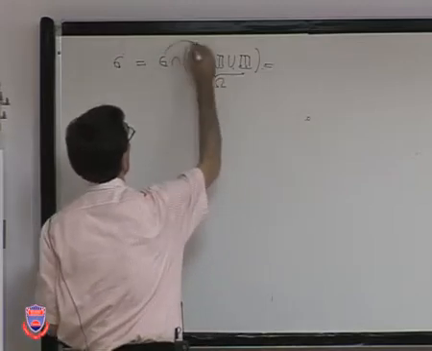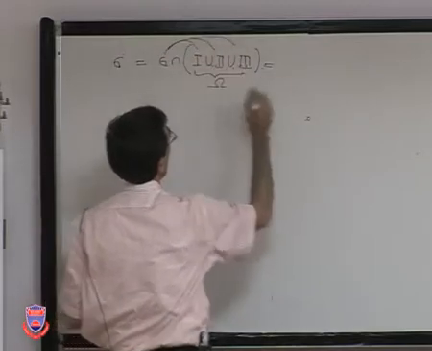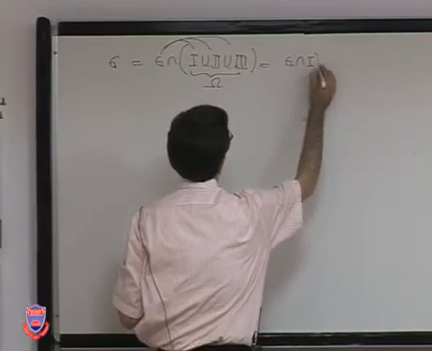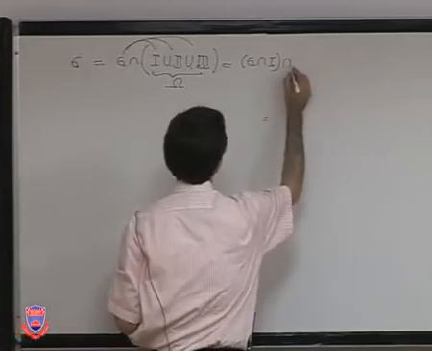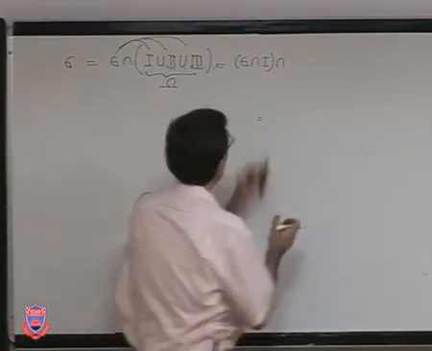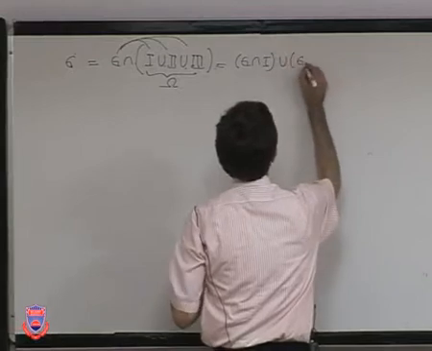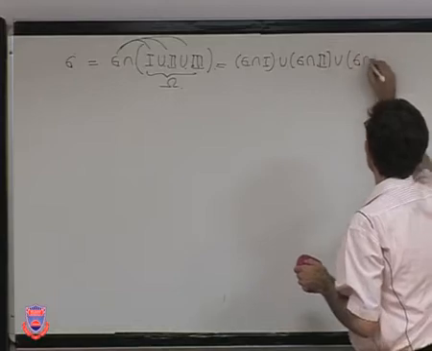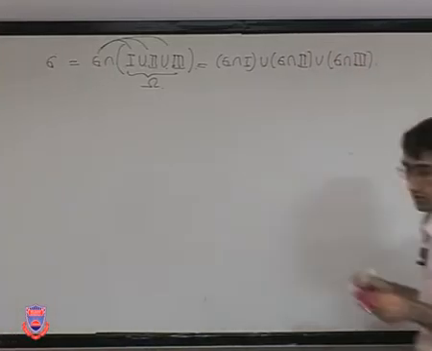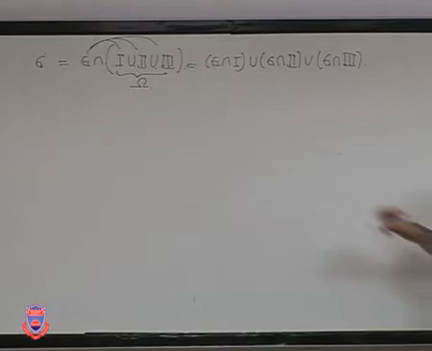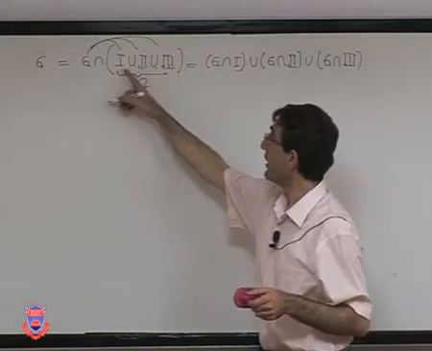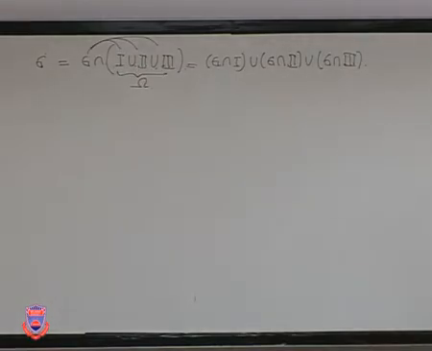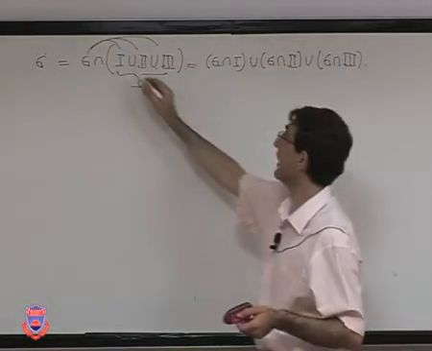Well, these are unions. We can just distribute this thing and write it like what? While you are selecting a gold coin, you must have selected either urn 1, or G must have happened with event 2 together, or G must have happened with event 3 together. Now we know that these are disjoint because at the same time you cannot select two urns together, so you must have selected exactly one of them.